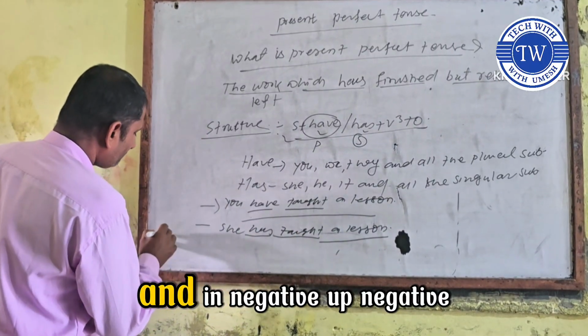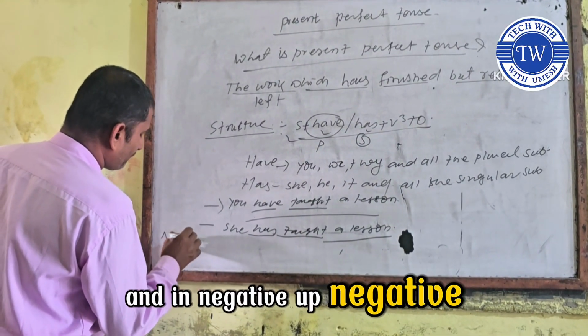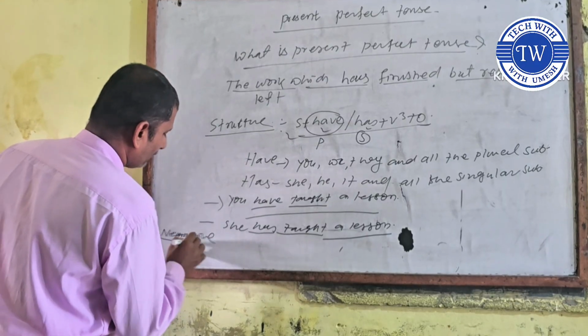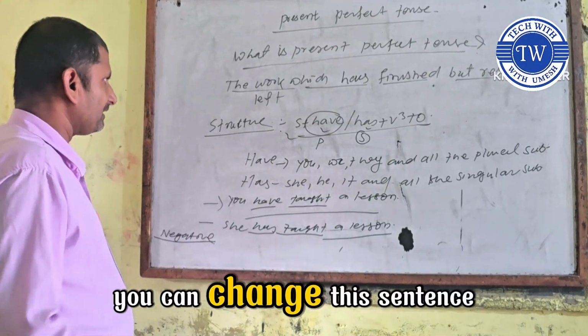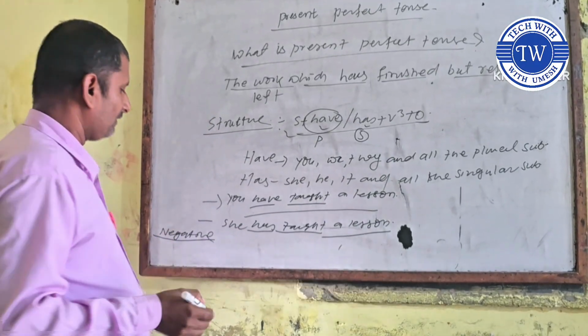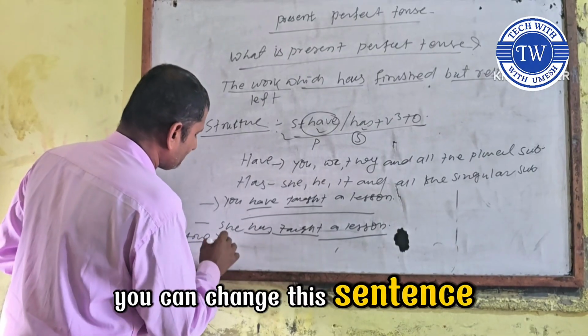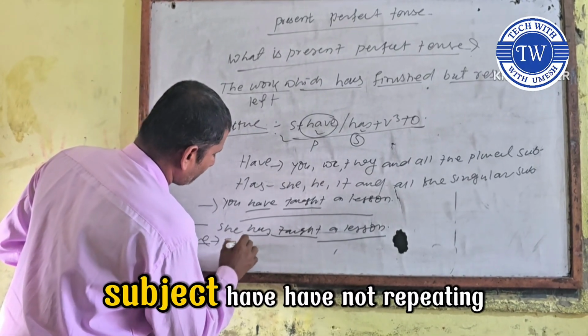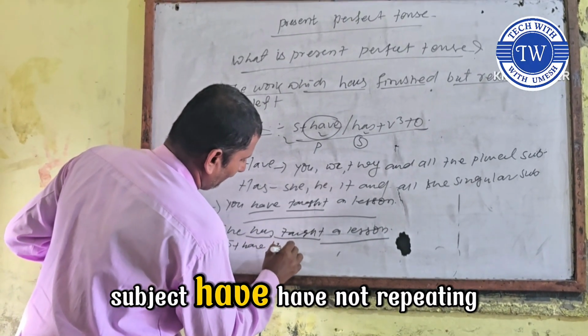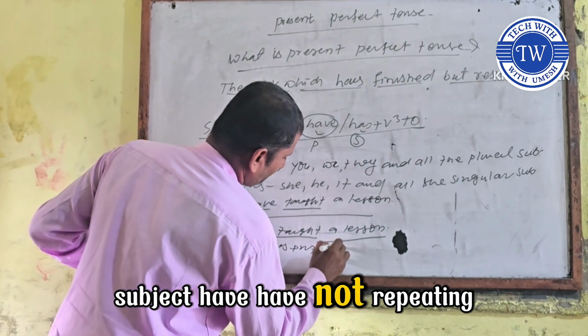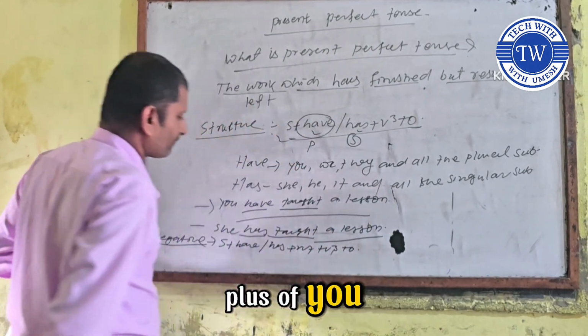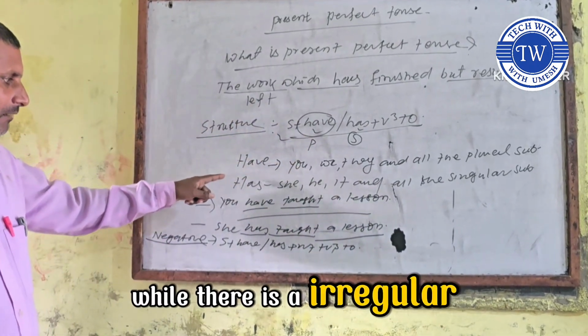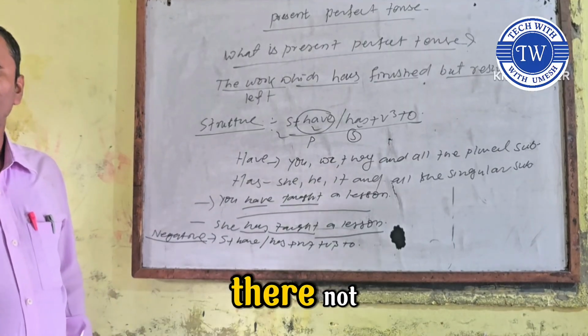And in the negative of present perfect tense, you can change this sentence into negative in this way: subject plus have not plus be3 plus object. While there is an auxiliary verb, you only have to put not there.